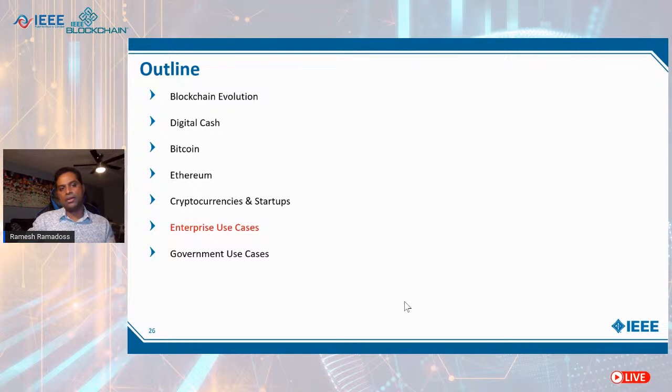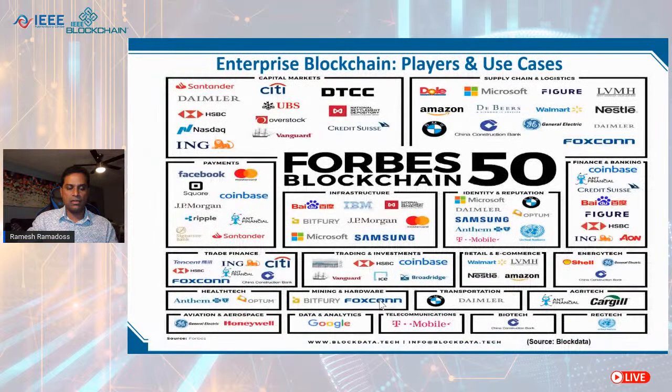Okay, now let's spend some time on the enterprise use cases. This slide shows some large companies, based on the Forbes Blockchain 50, meaning the top large companies working on blockchain. These boxes are based on their use cases.